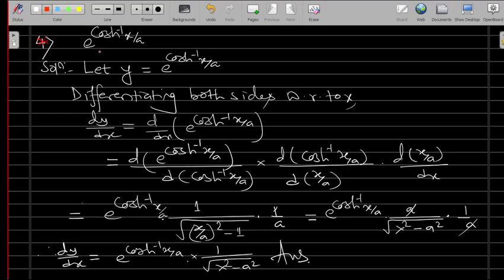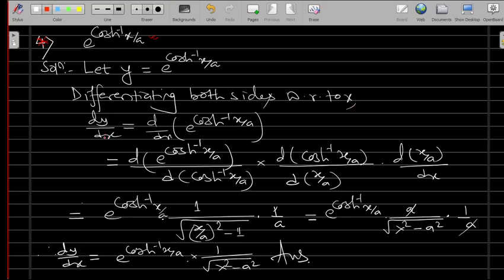Next question, find the derivative of e to the power hyperbolic cos inverse x by a. So firstly, we suppose this is y, and differentiate both sides with respect to x.